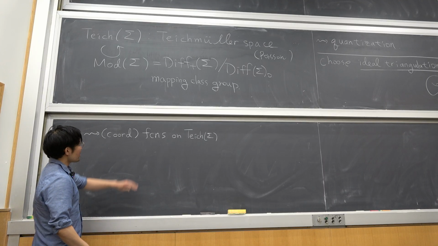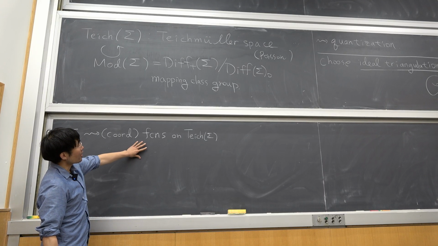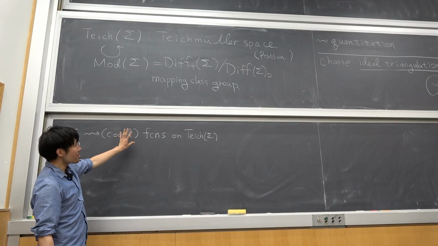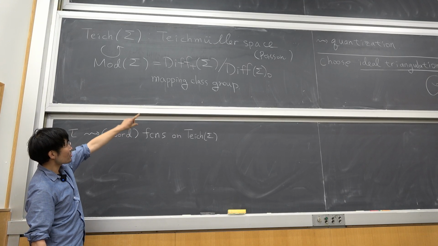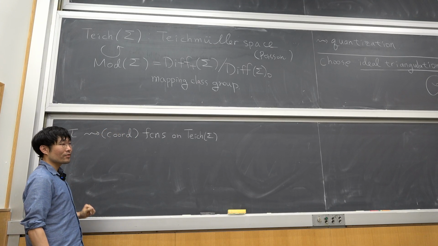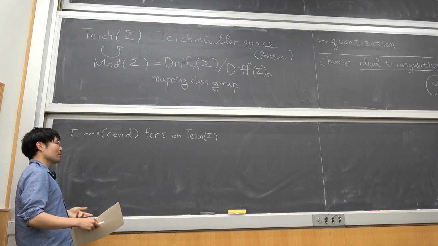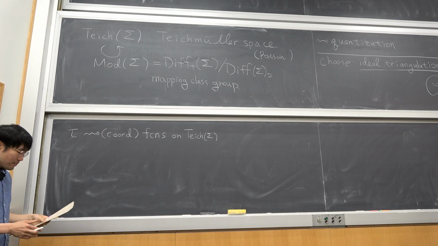And so you have a bunch of nice functions, and you want them to be like a coordinate system, and then you want the Poisson brackets among these coordinate functions to be nice enough so that you can solve the quantization problem easily.